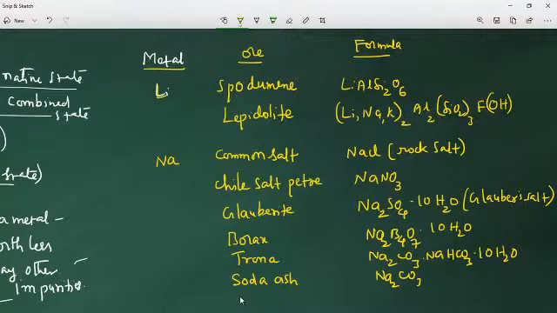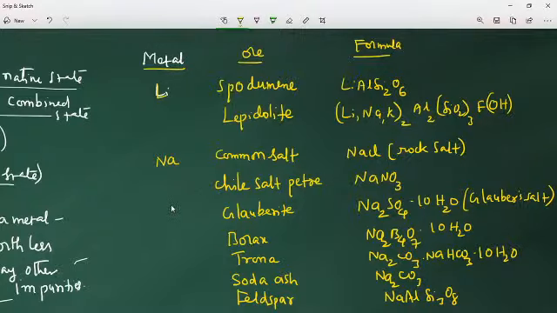Another one, feldspar, that is NaAlSi3O8, sodium aluminum silicate. So these are the important ores of lithium and sodium.